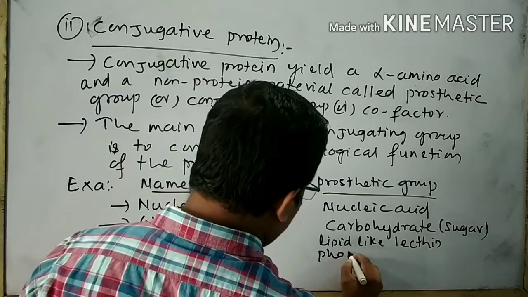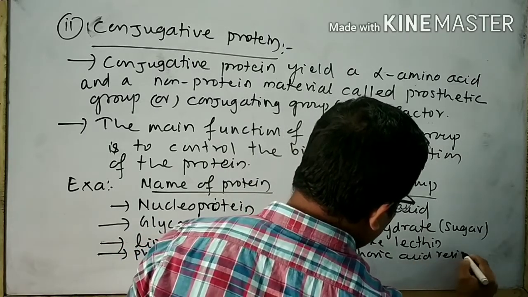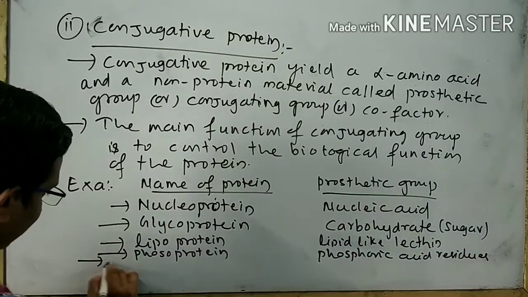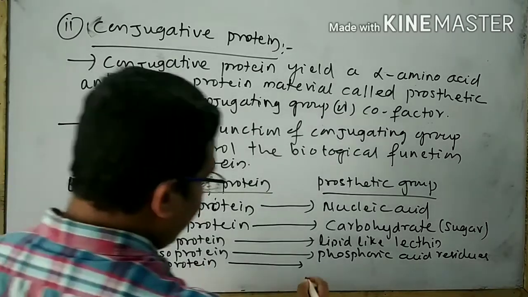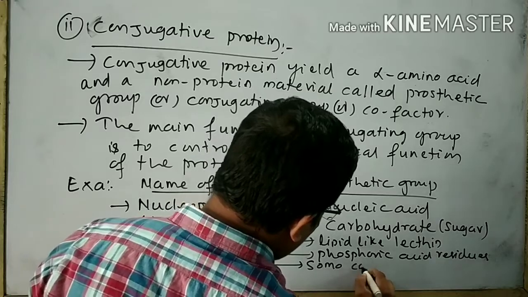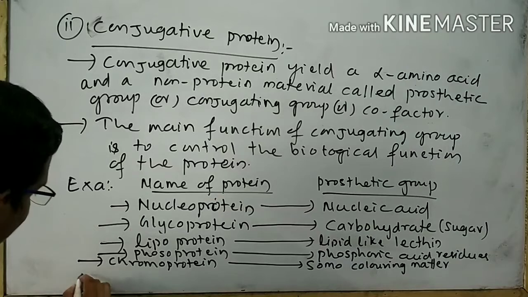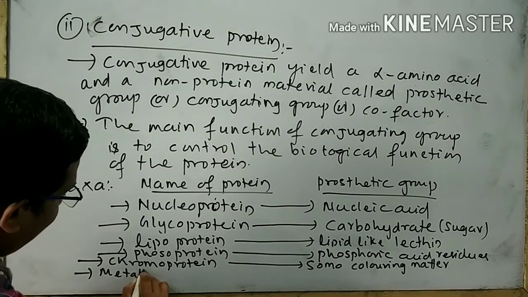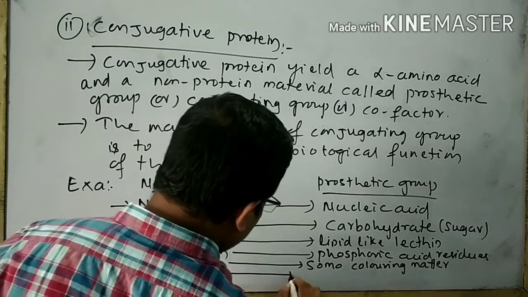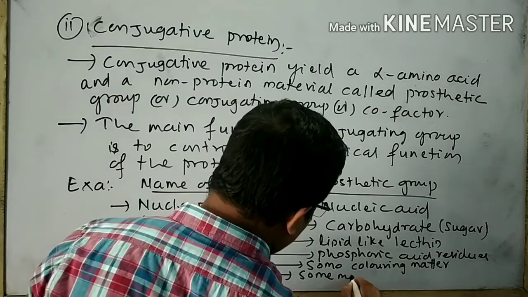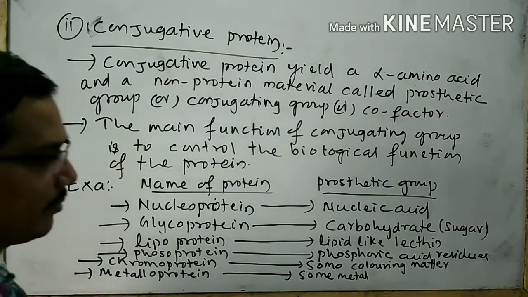Here the prosthetic group is phosphoric acid residues. Next is chromoprotein. Here the prosthetic group is some coloring matter. Next is metalloprotein. Here the prosthetic group is some metal. These are the examples of conjugative protein.